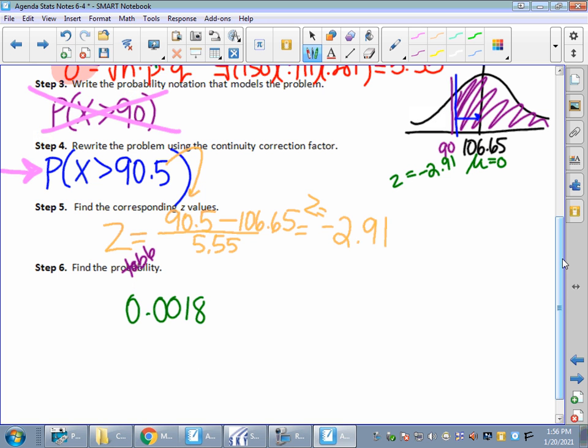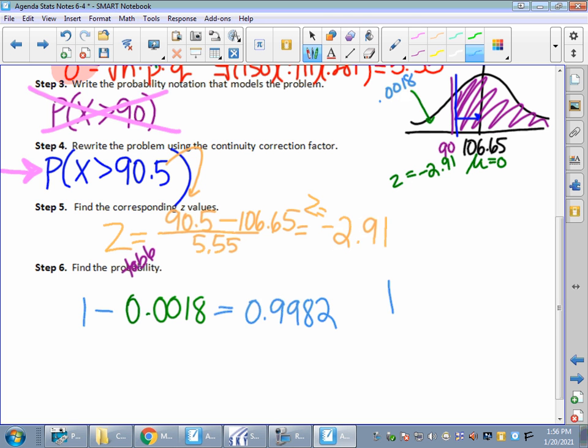But here's the thing. Watch the shading. We've been doing this all chapter. This part to the left is 0.0018. I want to know greater than, right? So what's greater than? We have to subtract from 1. So my final shaded area that is greater than 90, taking into account the continuity correction value, is going to be something like 0.9982.